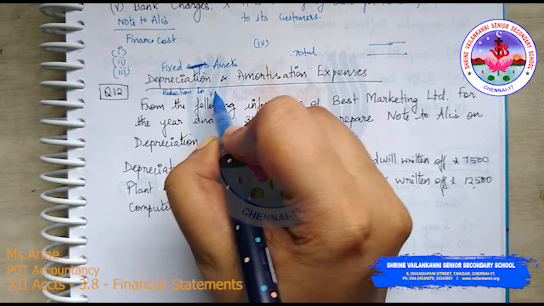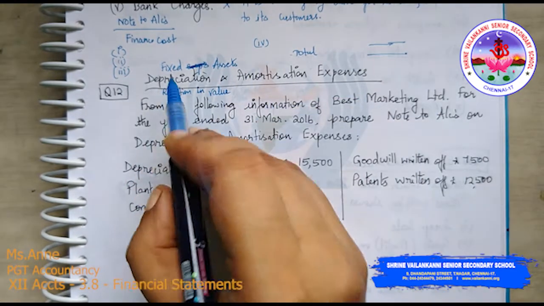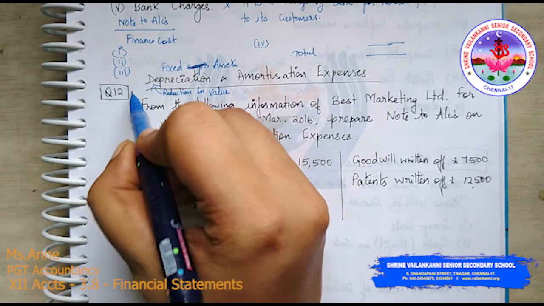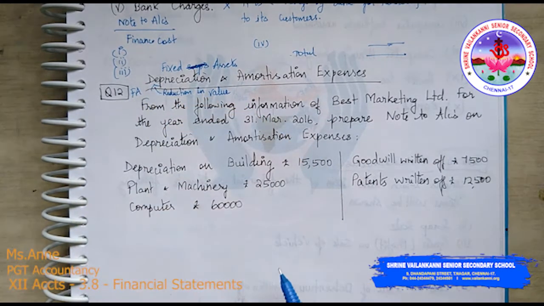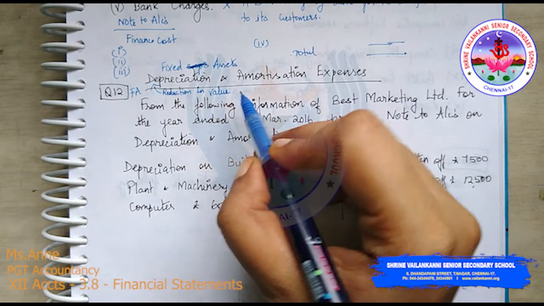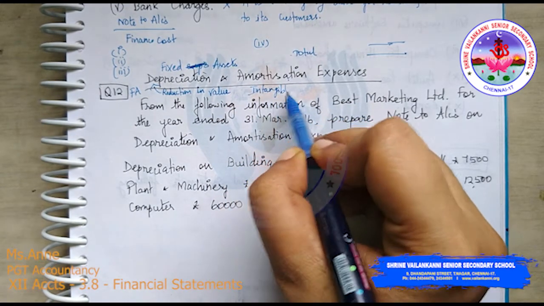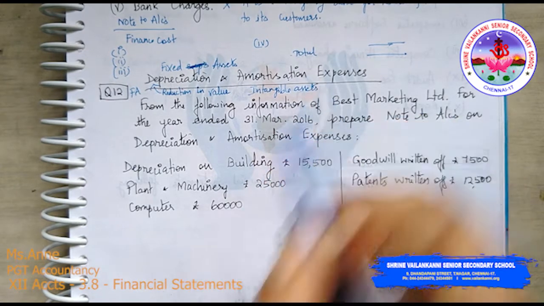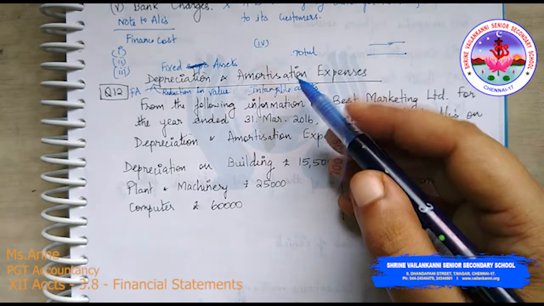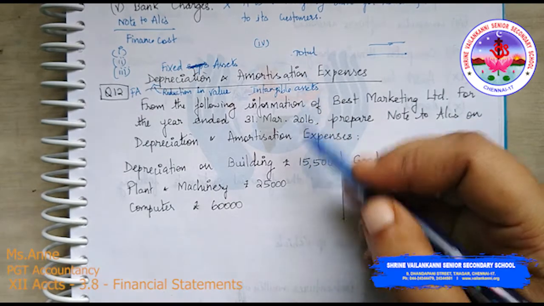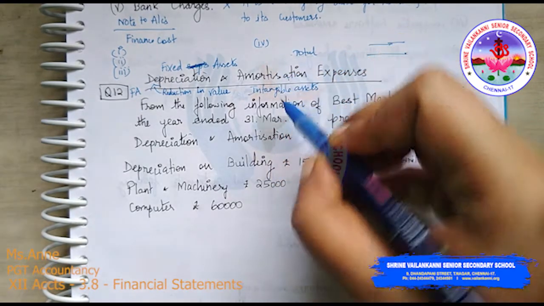If it is depreciation, then it is a reduction in the value of fixed assets. Amortization is nothing but reduction in the value of intangible assets. Okay, so amortization, you know very well, it is a reduction in the value of intangible assets.